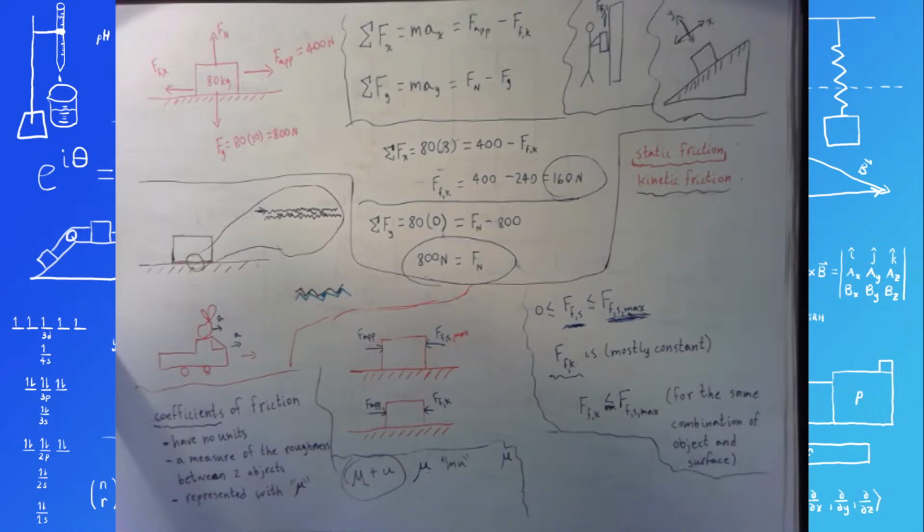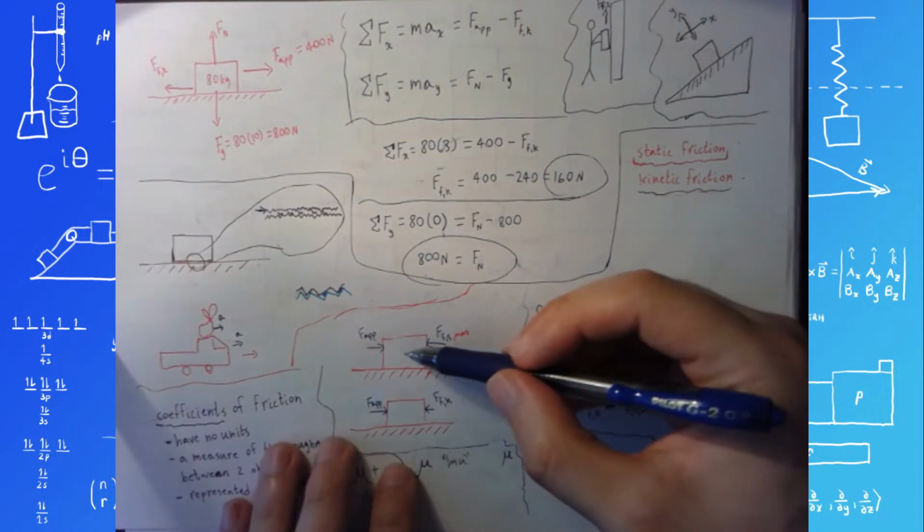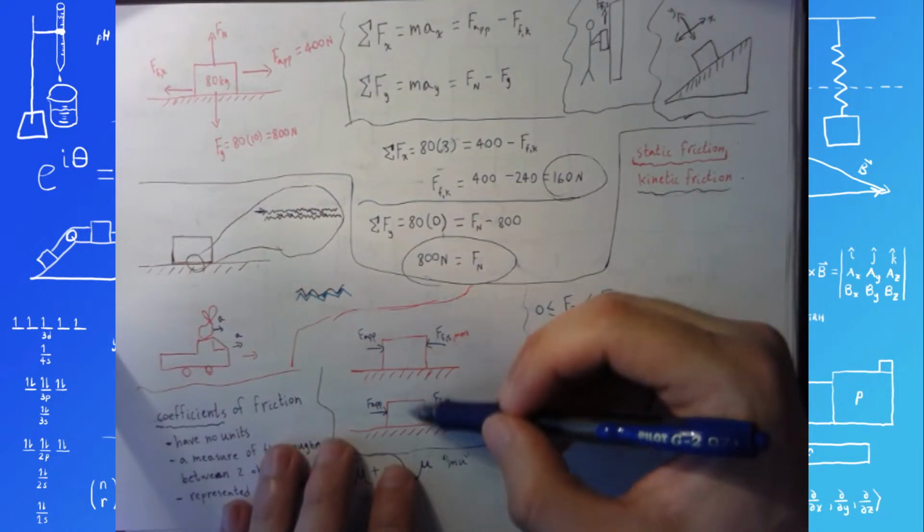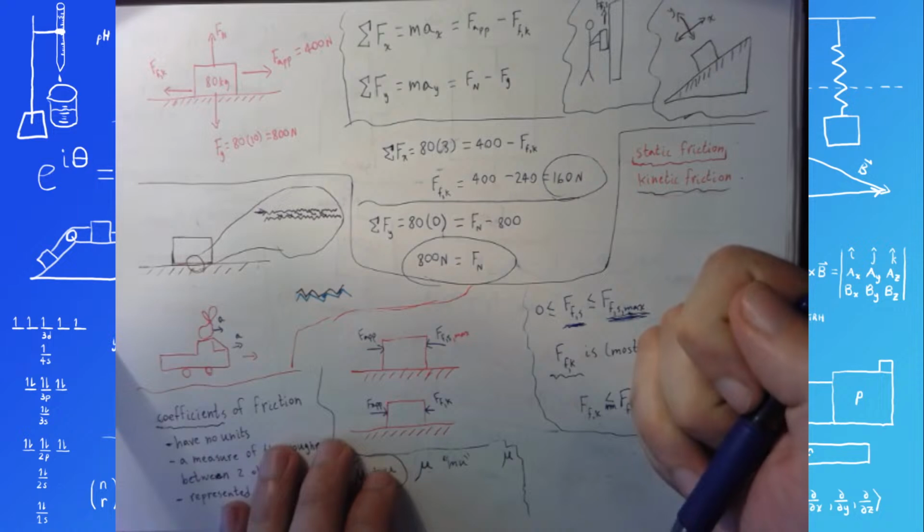But yeah, coefficients of friction. So that is one of the things that determines how much friction you get. We already talked about whether it's static or kinetic. That will also determine how much friction you get. But the third thing that determines how much friction you get is how strongly the object and the surface are pressed up against one another.